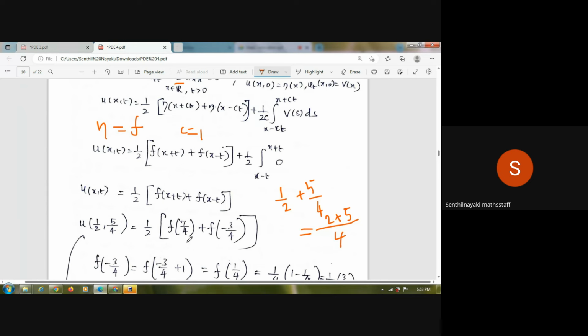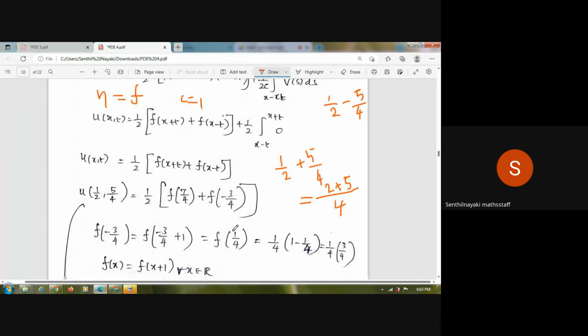So f of 7 by 4. Then f of x minus t, that is 1 by 2 minus pi by 4. So here the minus sign, 2 minus 5 over 4, so minus 3 by 4. Isn't it? So here we have minus 3 by 4.